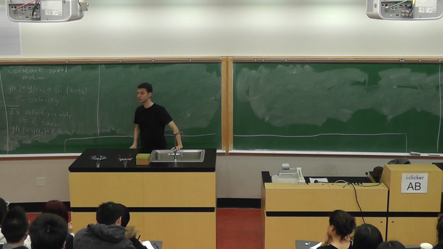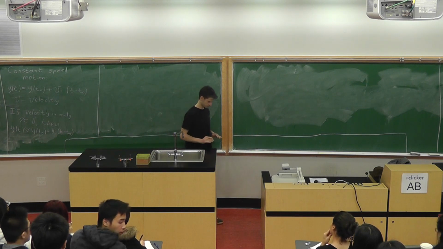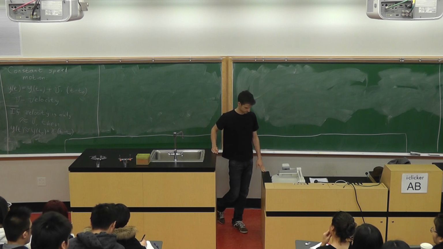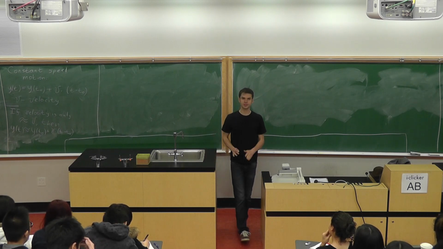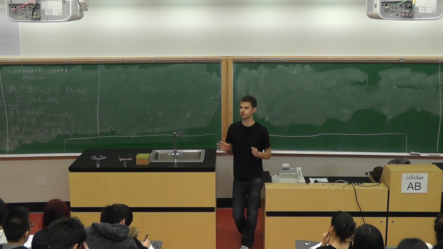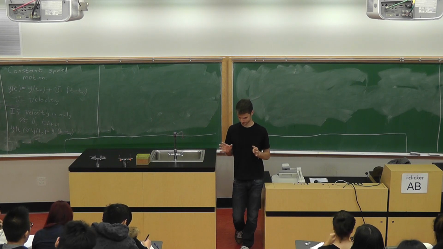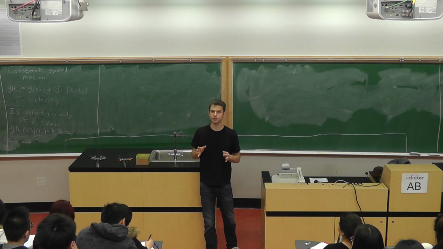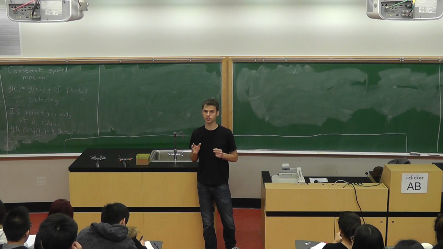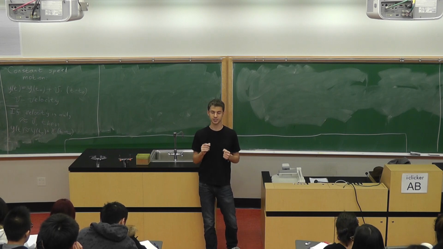Well, I want some quantitative measure on how fast my velocity is changing. Suppose that I know that my velocity is changing, but changing not too fast. What does it mean?